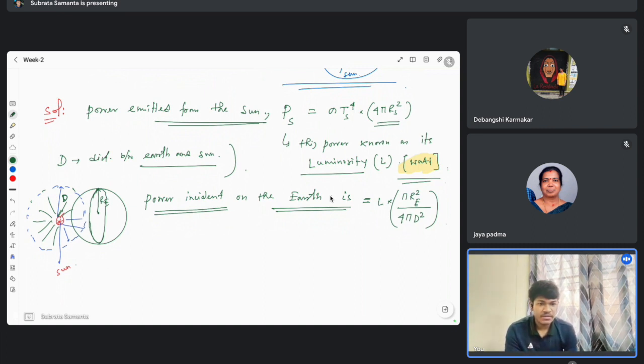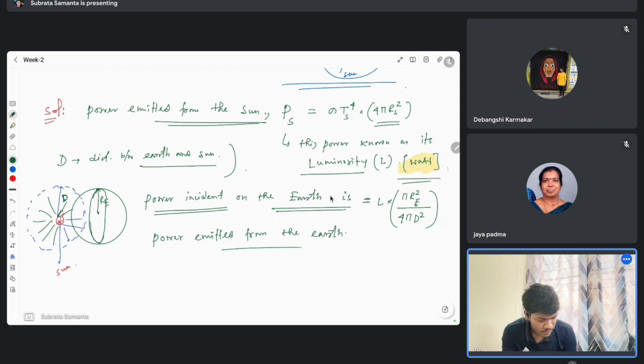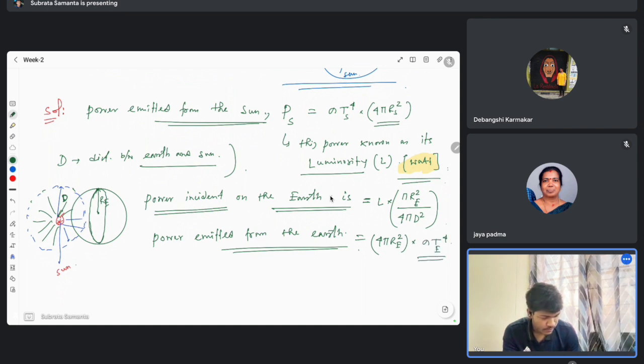Again, the Earth is a perfect black body. So power emitted from the Earth is equal to 4 pi r e square times sigma T e to the power 4.